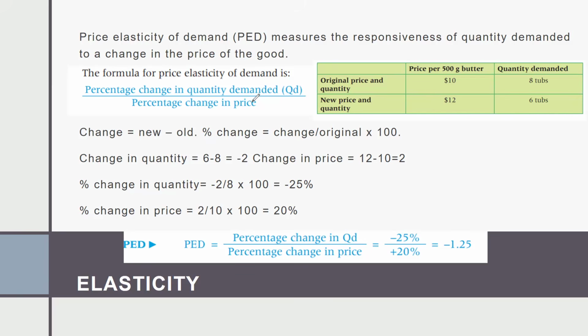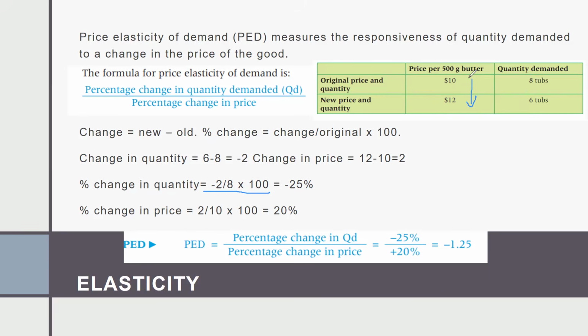So to do the percentage change in demand, I'll calculate the change in demand. It was 8 tubs, now it's 6 tubs. It decreased by 2, so my change in demand is negative 2, and the original demand is 8. So negative 2 divided by 8 multiplied by 100 gives negative 25%. Then for my percentage change in price, again, it's change over original. It went from $10 to $12, so it increased by $2.